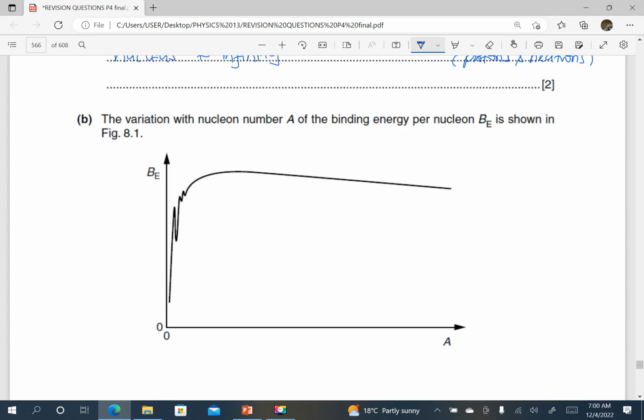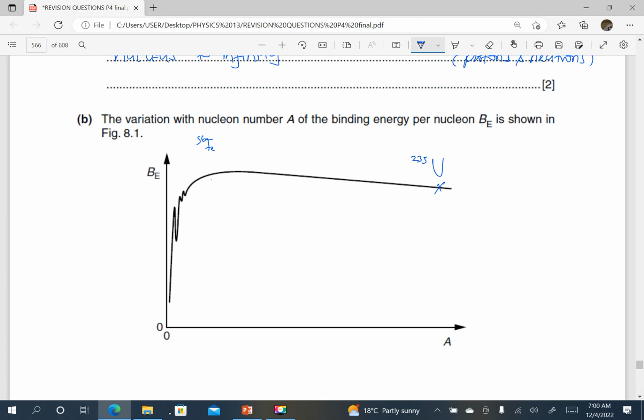So if I go back here, we know that close to the peak we have iron. We expect there to be iron Fe-56. It is very close to the peak. So it means uranium-235 must be almost at the end. So this will be U. U will be almost at the end because it's uranium-235. It has the highest nucleon number here.